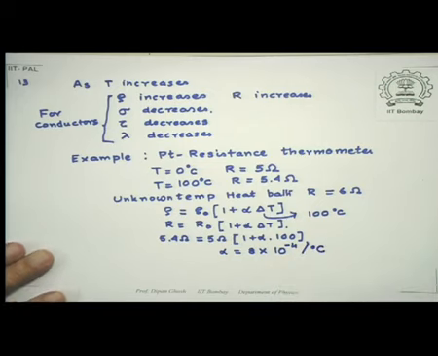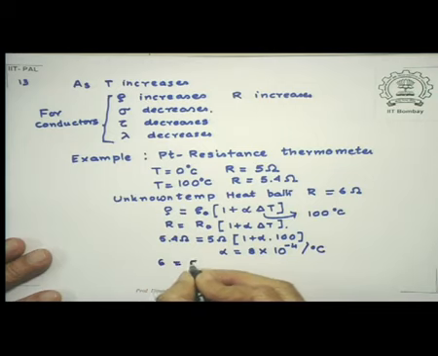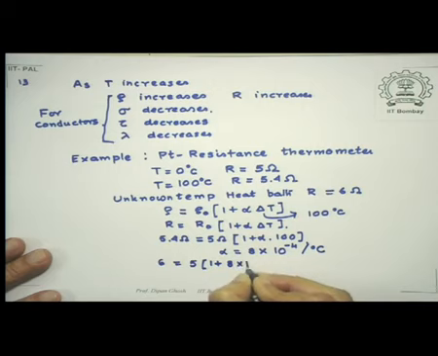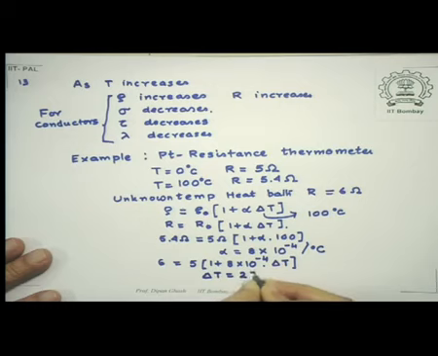Now I substitute in this equation, R equal to R0 into 1 plus alpha delta T, and take R to be 6 ohms, so I have 6 is equal to 5 into 1 plus 8 into 10 to the power minus 4, that's alpha, times delta T, this is the new delta T. And if you solve for this, I get delta T equal to 250 degrees centigrade.